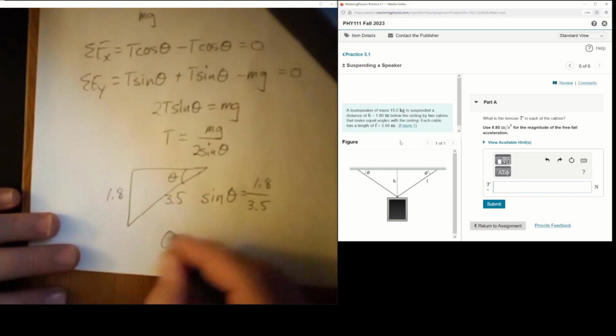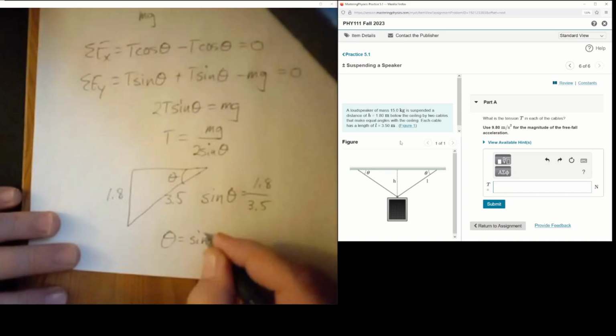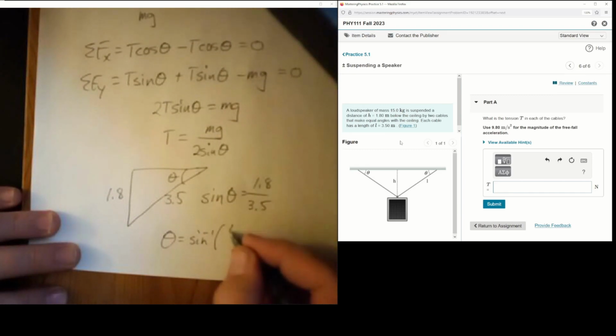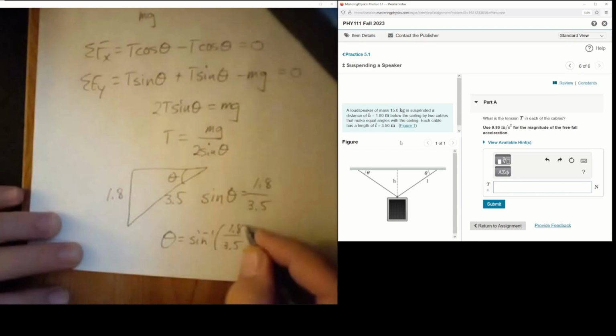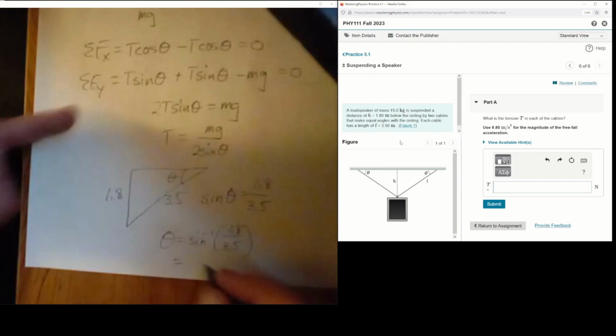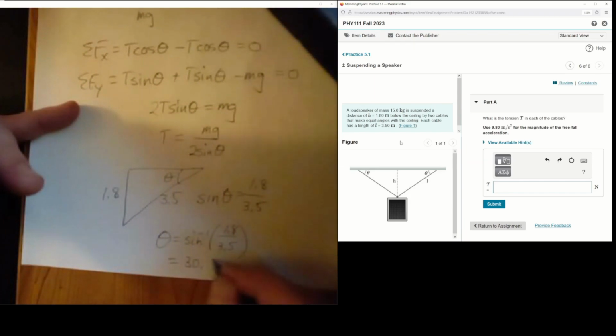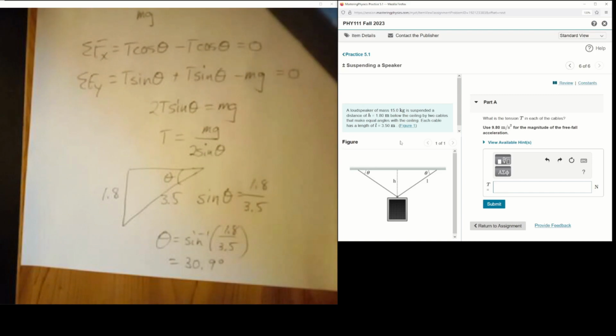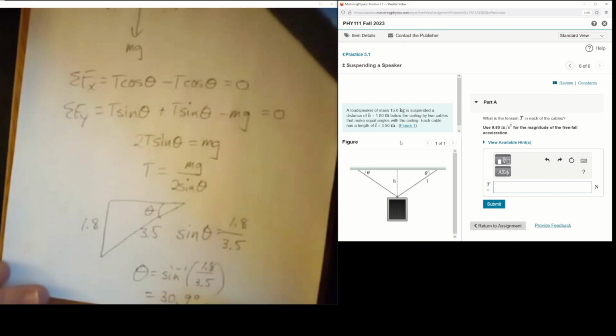So using an inverse sine, 1.8 over 3.5, I will punch it into my calculator. So 30.9 degrees. That's our angle.